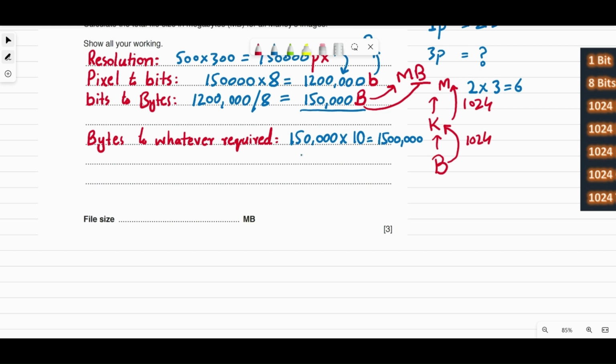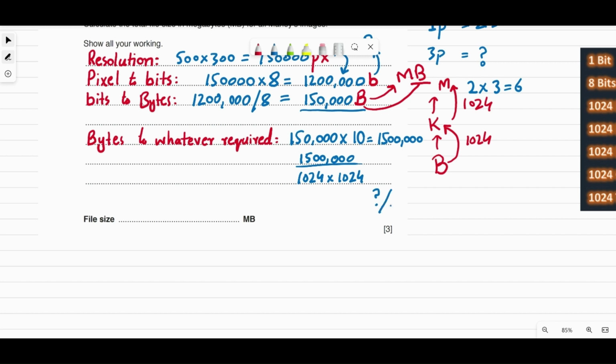Now we need to divide 1,500,000 by 1024, one jump, then the second jump. Dividing multiple times by the same thing is just like dividing by the multiplication of those things.